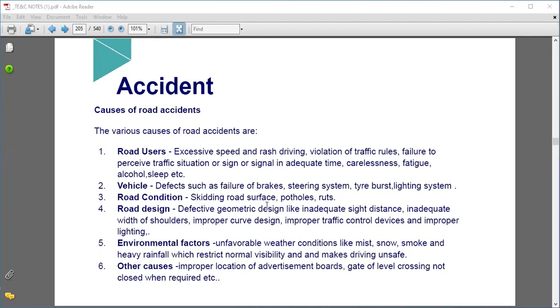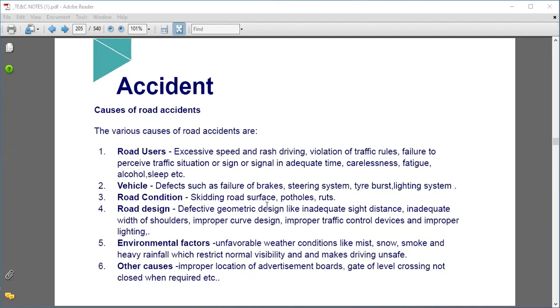If such defects are in the vehicle, then automatically some lapses will occur while driving on the road, and it will lead to accidents on the roads. So we have to take care that the vehicle is free from defects.